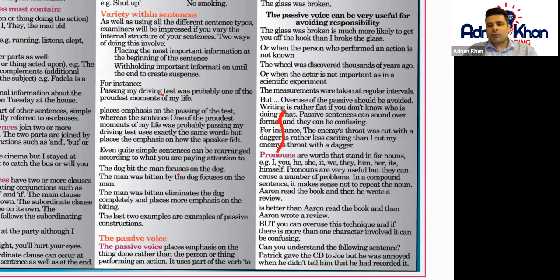If you lay your cards out right at the beginning in the first few sentences, then what does the examiner have to read? What else does he or she want to know about? Because you've already answered their question in the first few sentences. All right? So place the most important information at the beginning of the sentence, but withhold the important information until the end of your piece of work to create suspense and surprise.